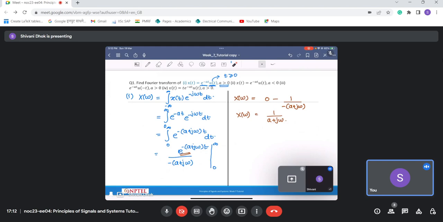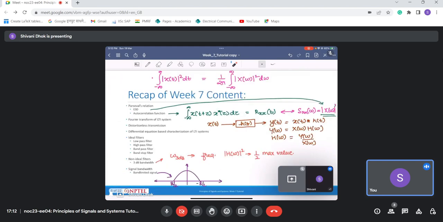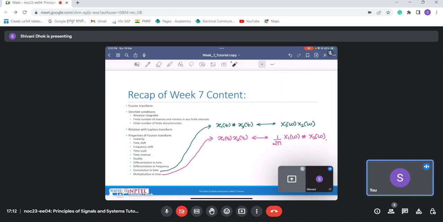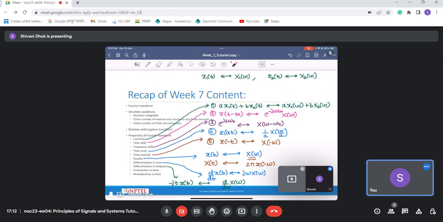This we had already solved. Also, while discussing the properties of Fourier transform, we had looked at the property of shift in frequency domain: e power j omega naught t times x of t has a Fourier transform of x of omega minus omega naught.